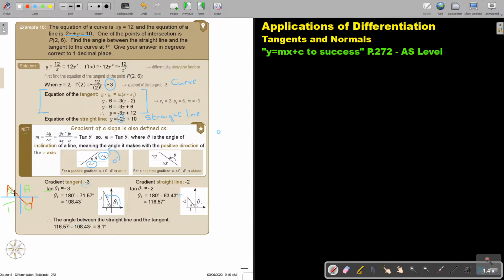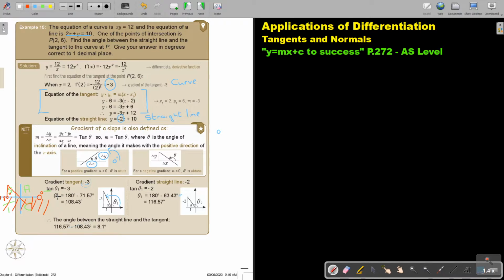Now remember, a triangle is only from 0 degrees to 180, so basically I'm blocking this one out. I'm just working with this one if it's negative. Remember, don't press the negative in. Press on your calculator shift, tan, and then 3, equals.